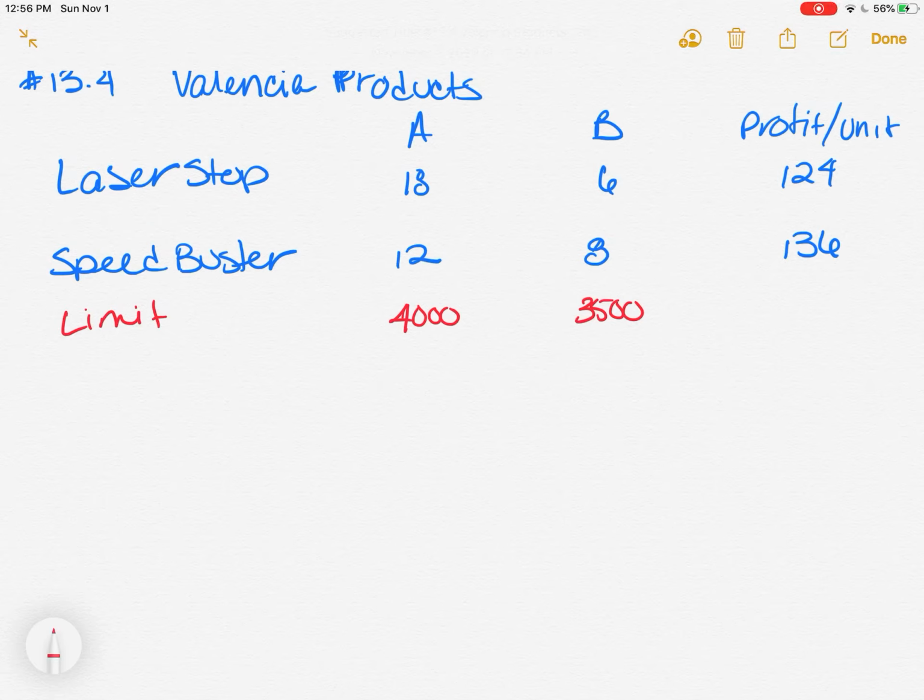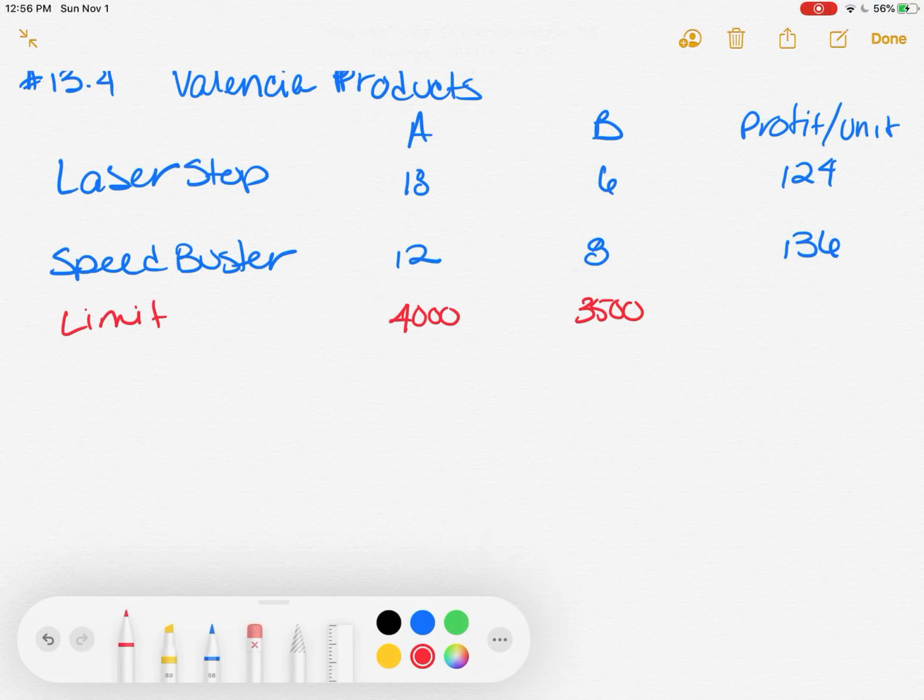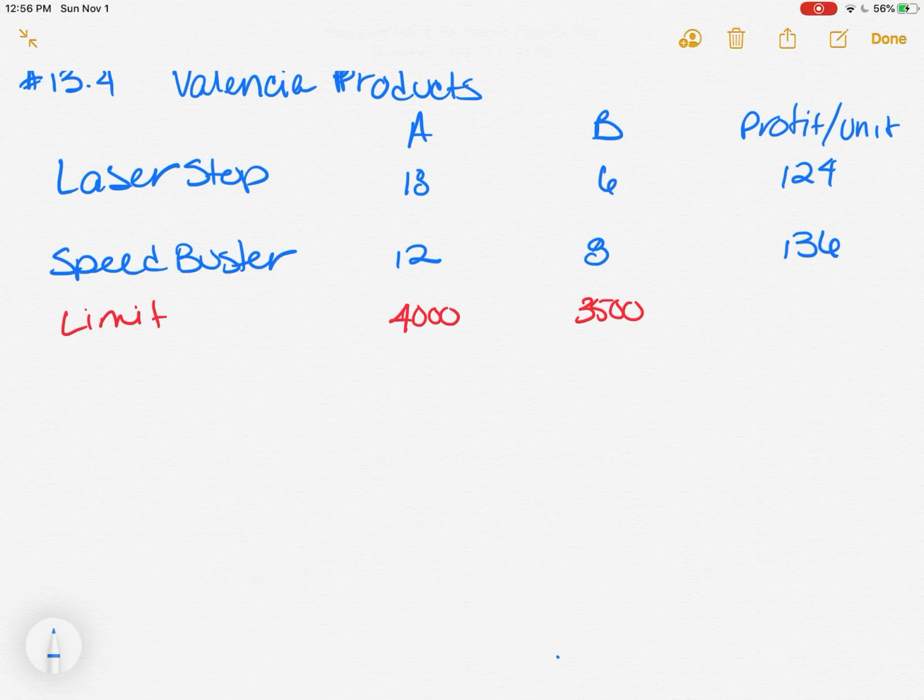The table tells us that the profit per unit for the Laser Stop is $124, and the profit per unit for the Speed Buster is $136. Because we're talking about profit, we want to maximize it, so this is a maximization problem.